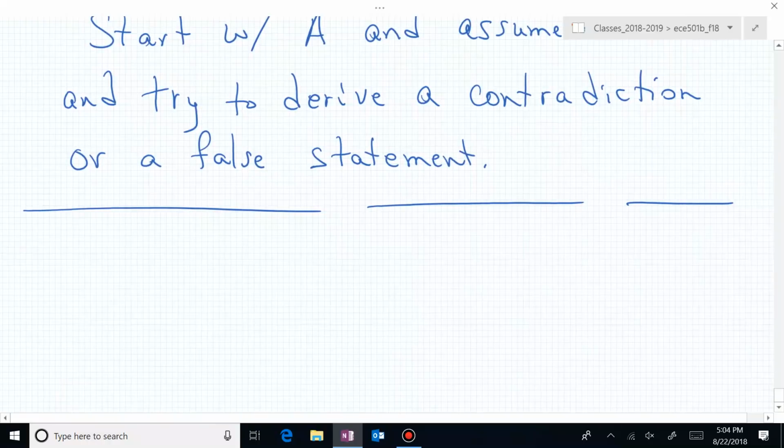That's a second strategy for proofs. We don't always have to do the direct approach.